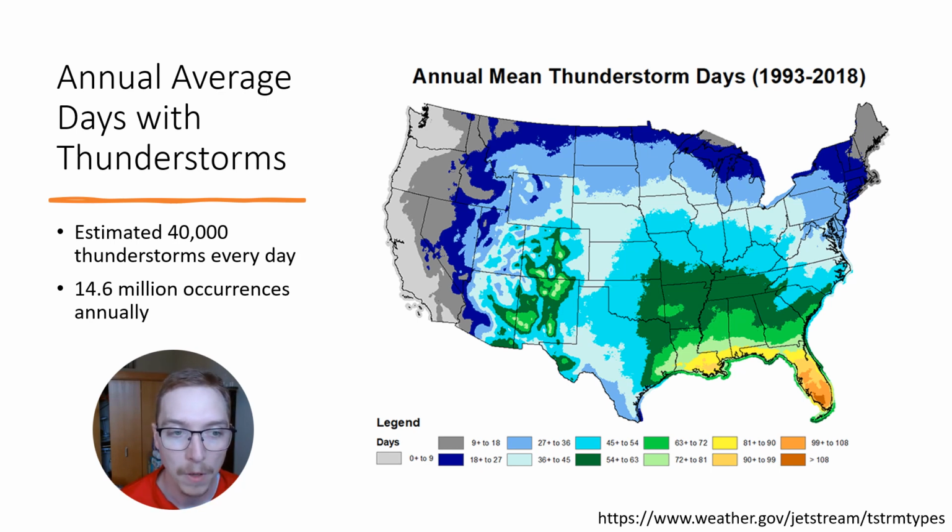But if we look over the entire world, it's estimated that there are about 40,000 thunderstorms every day, which equates to about 14.6 million occurrences annually. So this isn't an isolated phenomenon, right? We have thunderstorms all the time.